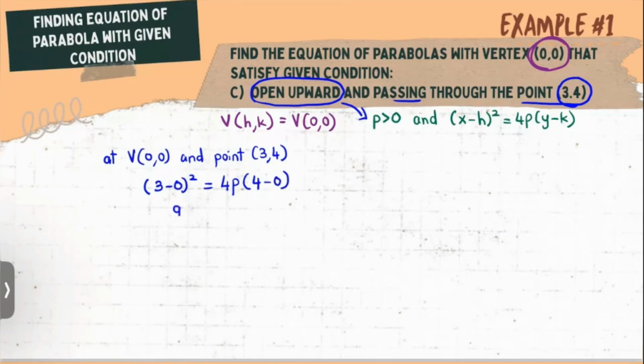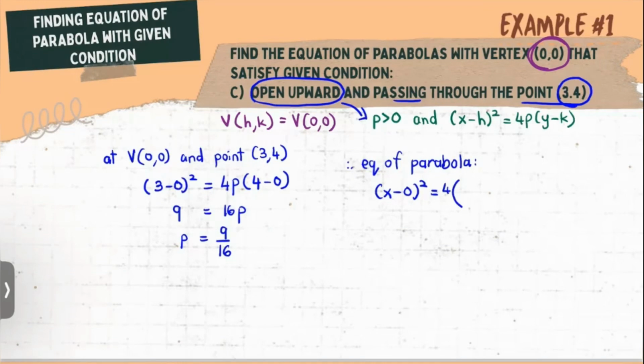So I get 9 equals to 16p and from here I get p equals to 9 over 16. Okay, betul tak p kita positif? Yes, p kita positif. Okay, so this is correct and therefore our equation of parabola will be x minus 0 squared equals to 4p. P kita tadi adalah 9/16.